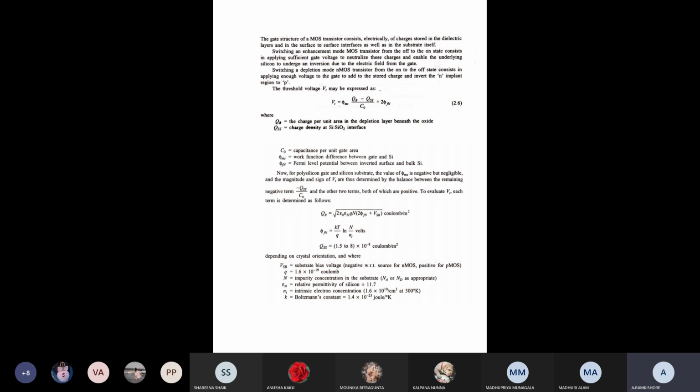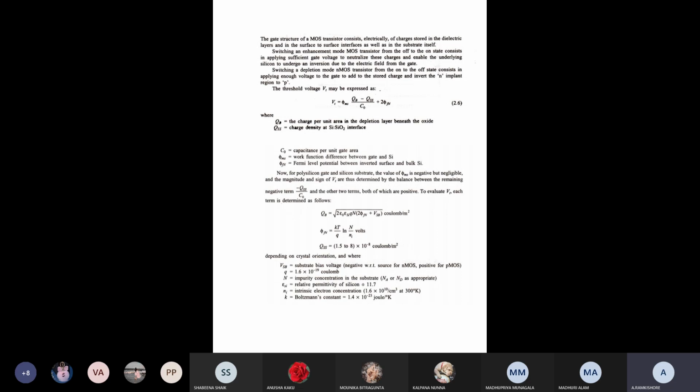Whether it is a depletion or enhancement mode MOS transistor, sufficient gate voltage is required. Based on that gate voltage, we have to neutralize the charges and enable the silicon layer within the electric field of the gate. The required amount of voltage is called the threshold voltage of the device. That is for enhancement mode.